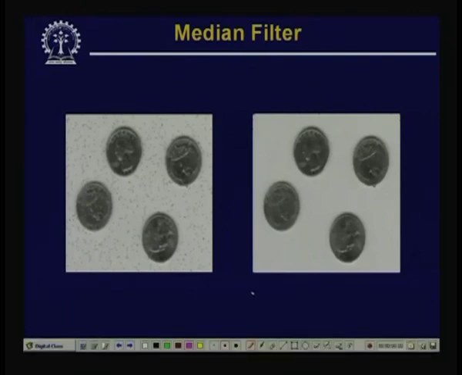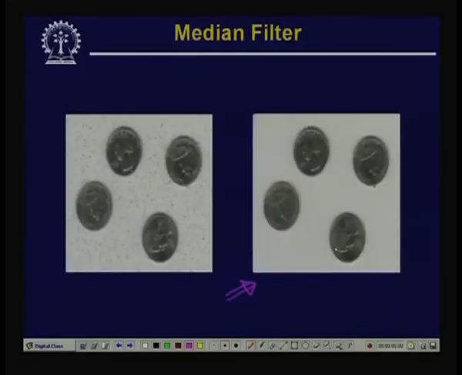On the right hand side, this particular image is also a processed image, but here the filtering operation which is done is median filtering. Because of the median filtering operation, the noise in this output image is almost vanished, but at the same time the contrast or the sharpness of the image remains more or less intact. So, this is an advantage that you get if we go for median filtering rather than smoothing filtering or averaging filtering.